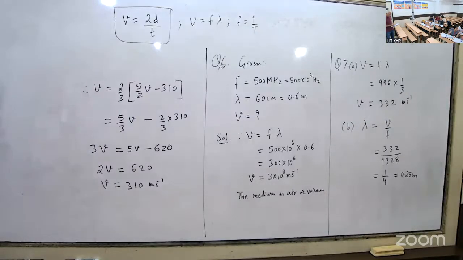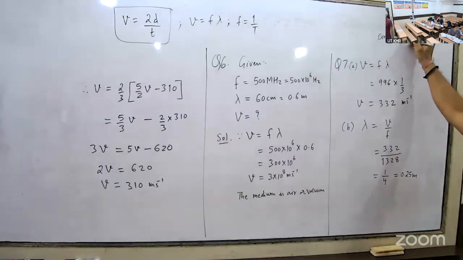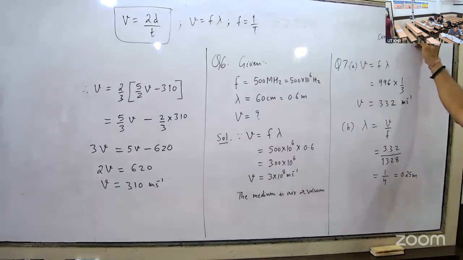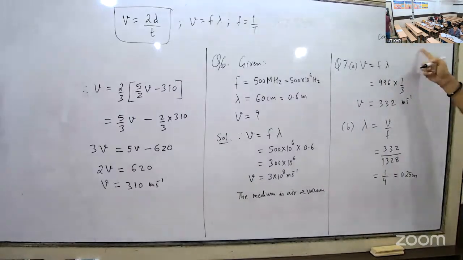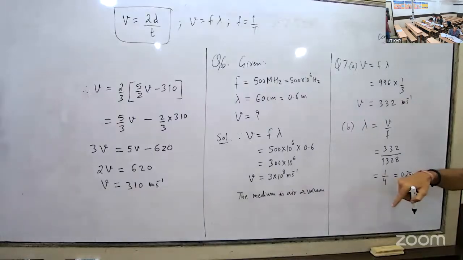In the second part, it says keeping the medium same, if the frequency changes, velocity is going to be same in both cases. Whatever the frequency, velocity will be same as long as the medium is same. So for the velocity to be constant, v = f lambda; if frequency changes, lambda also will change. So you are using velocity. You have no knowledge of lambda for the second case. Get it?